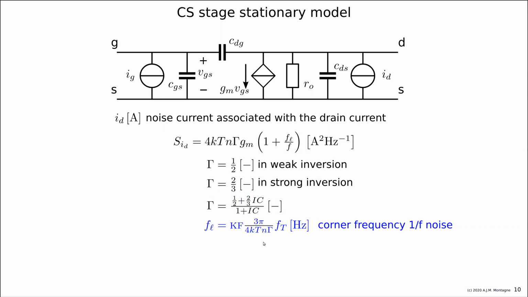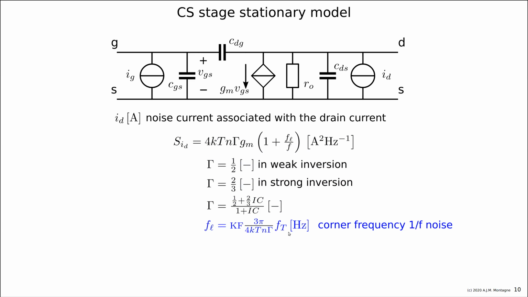The corner frequency for 1 over f noise shows a relation with the fT of the transistor. And this relation is given in this expression that you see, in which Kf is some process constant, which makes this whole constant that is there, Kf times 3 pi divided by 4kT and gamma, a kind of process constant, and fT, a thing that depends on the inversion coefficient, as we have seen in the previous lecture.